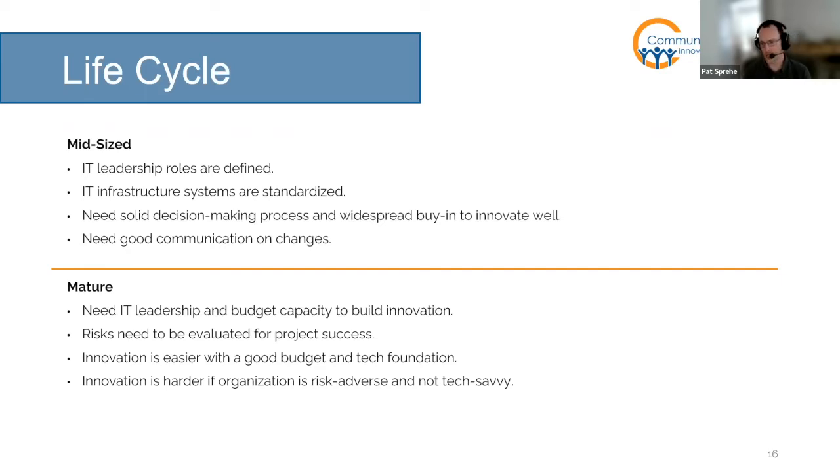And then we'll see organizations where they're a little more set in their ways, a little more risk averse and less tech savvy. That's not really a bad thing by any means. If it's not broken, why fix it? But it does mean that innovation is a challenge.